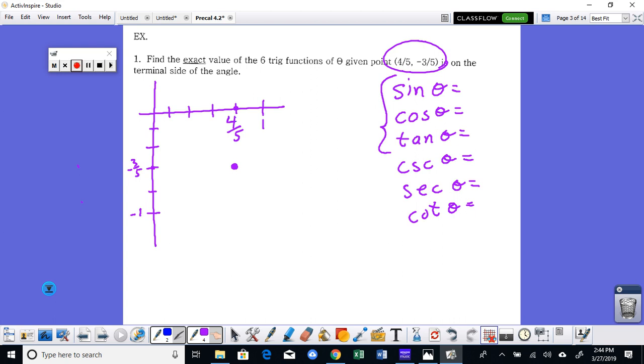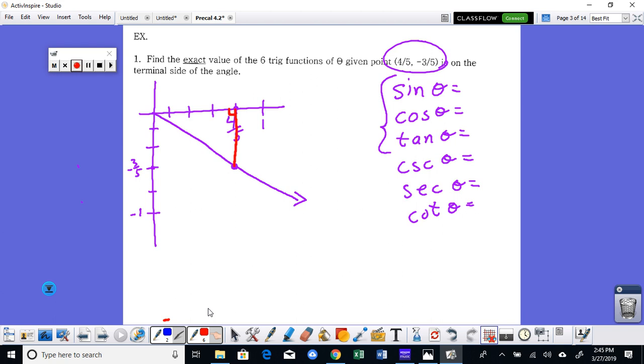That then becomes my terminal side of the angle. And we draw a line from the x-axis down to that point, and that makes my right triangle. I have to have a right triangle to be able to use SOHCAHTOA. Okay.